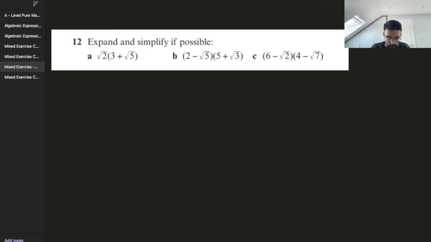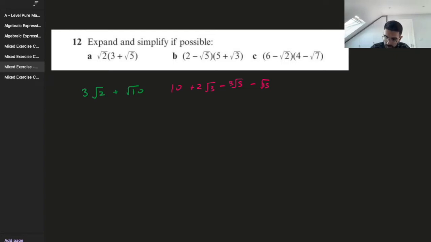To start off with over here, nice and easy, we've got 3 root 2 plus root 10. For part B, we've got 10 plus 2 root 3 minus 5 root 5 minus root 15. And what I know is I think that would be fine to leave by itself.